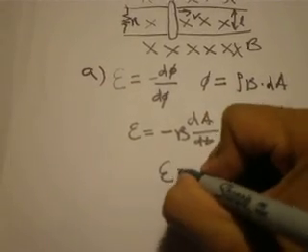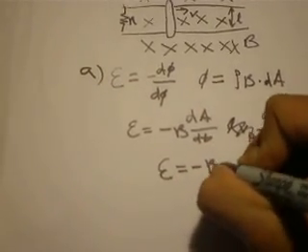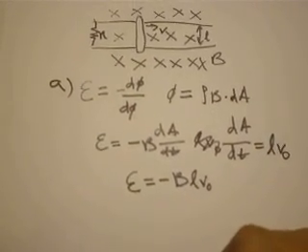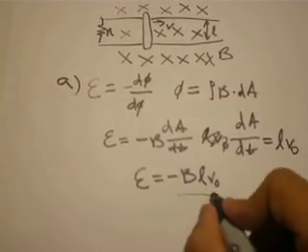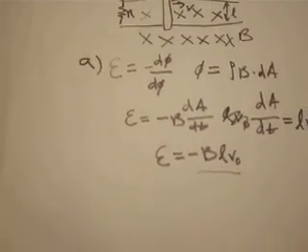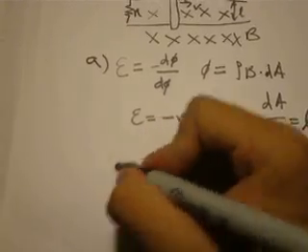So E equals negative B L v naught, as seen from our table of equations. Doesn't it seem familiar? Now, part B is a little bit trickier in my opinion.